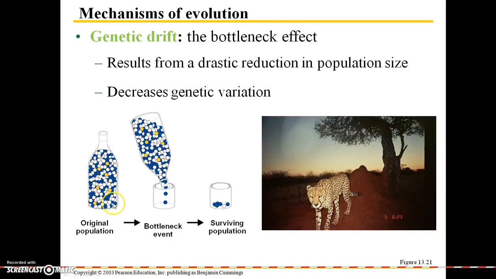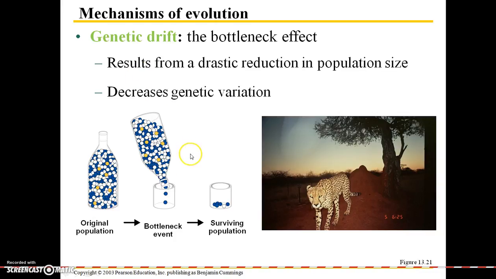You can think of these different colored marbles as various forms of genetic variation. The bottleneck effect, as it sounds, can be thought of as what would happen if you were to shake these various colored marbles that represent various different alleles through a narrow bottleneck.